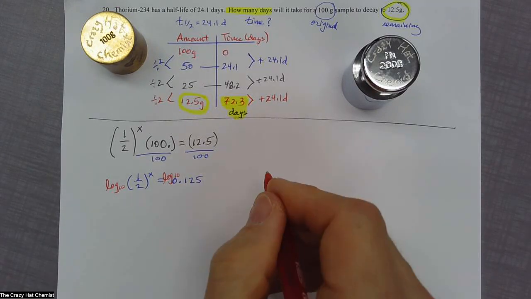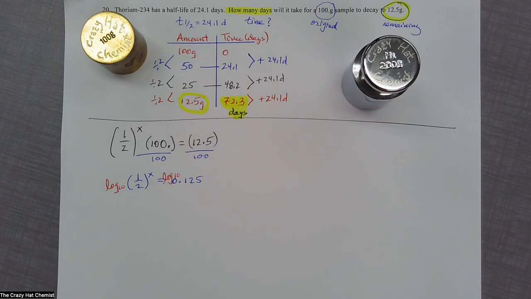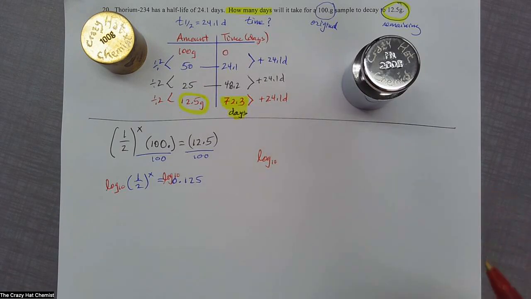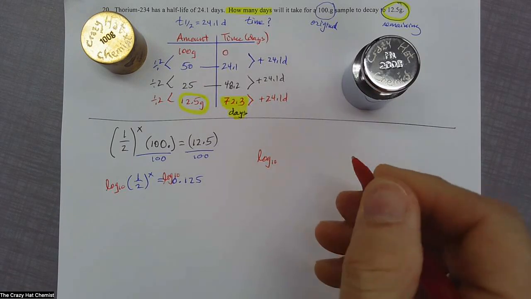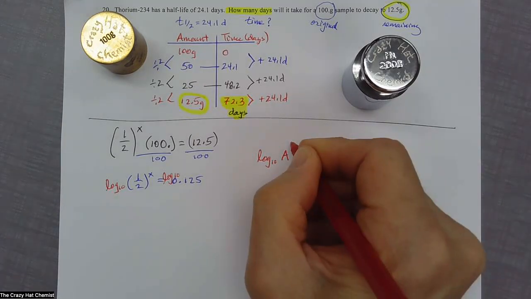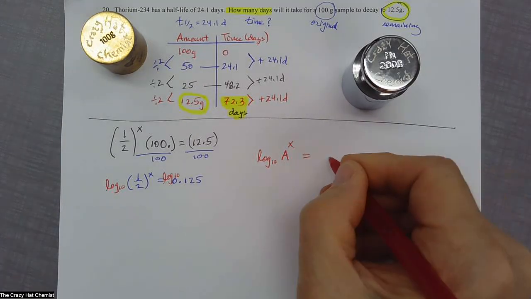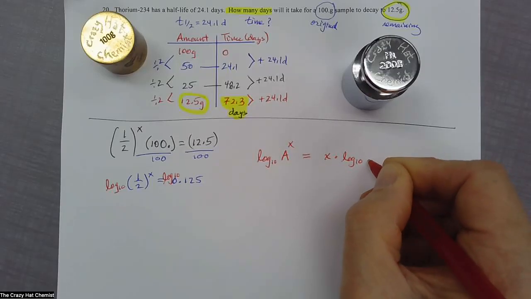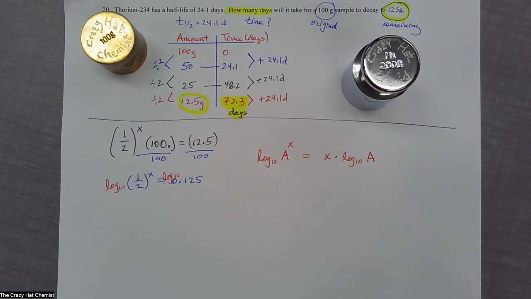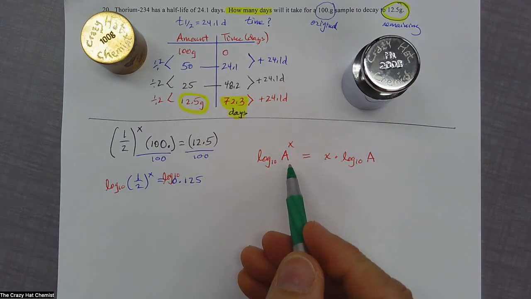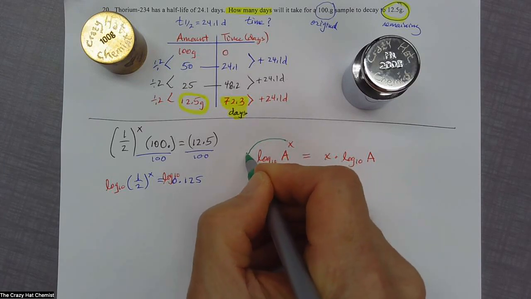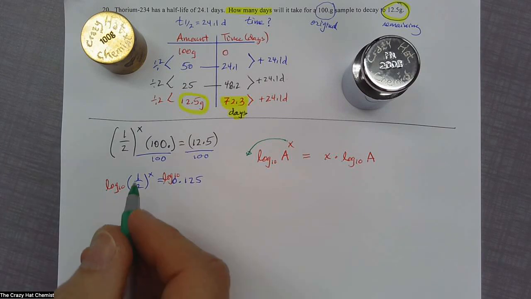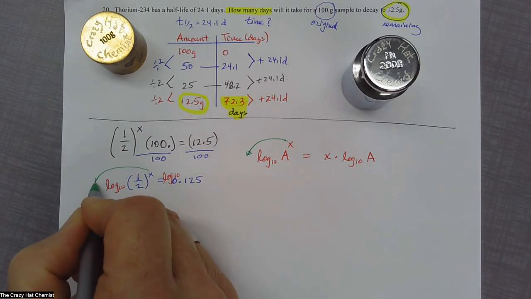Here is the rule so that you can apply this. Log base 10 of A to the X is equal to X times log base 10 of A. So when I take the log base 10, it enables me to pull this power of X out into the front.